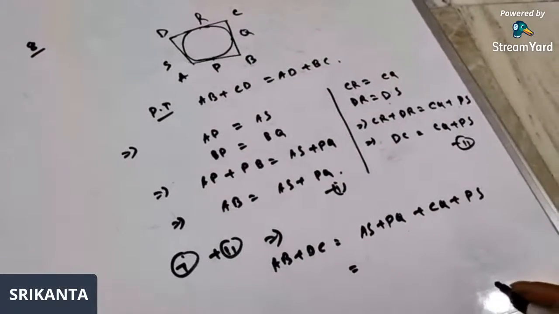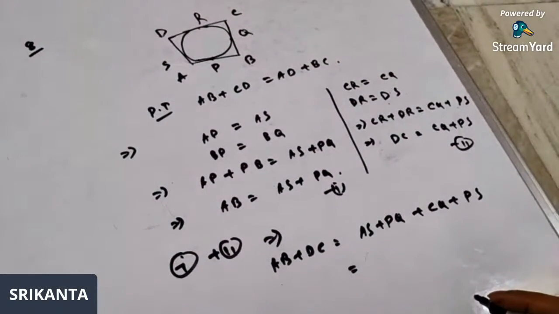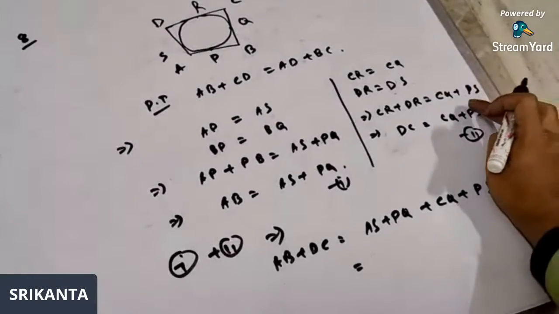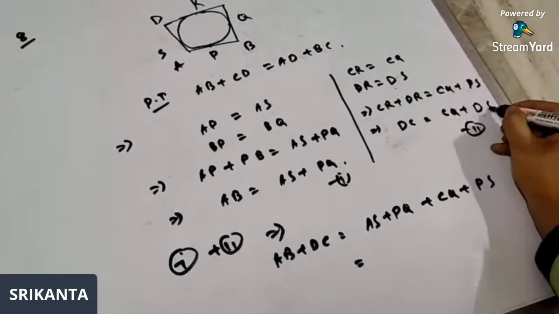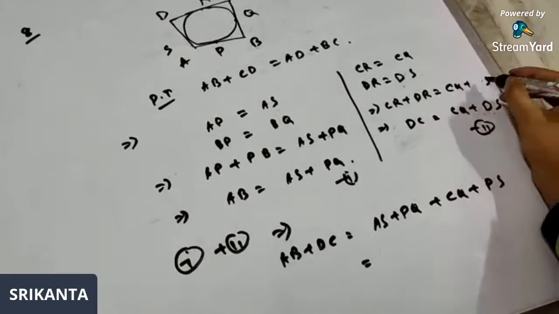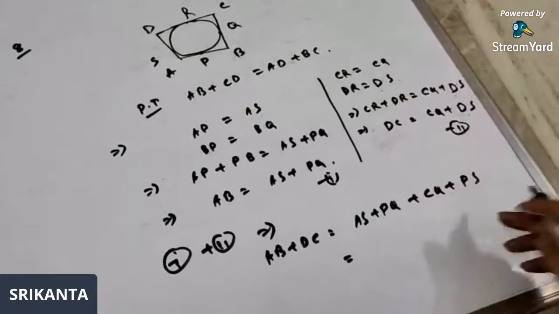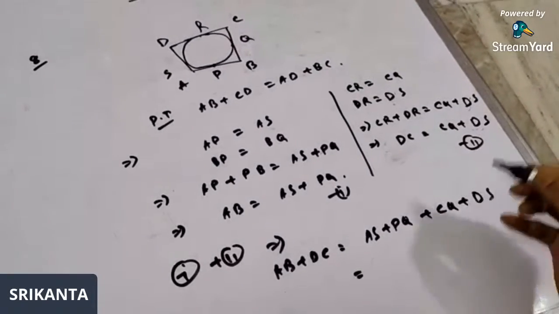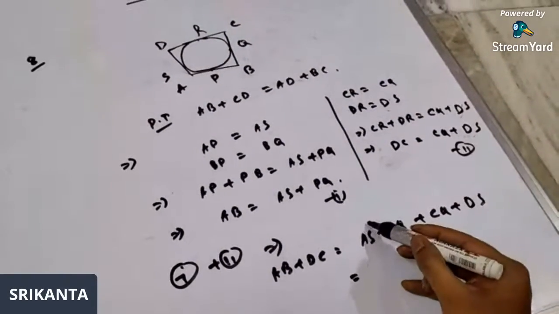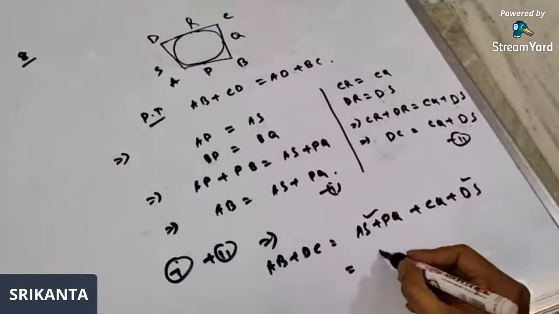Now AS plus DS, this is DS, not PS. This is DS. I have to write the D more clearly so that you understood. Okay, it's DS. Clear? Now AS plus DS, I'm putting this together.